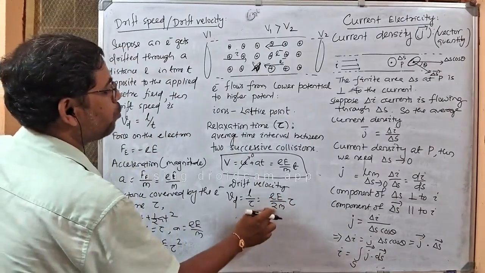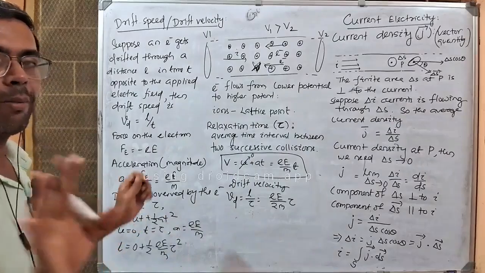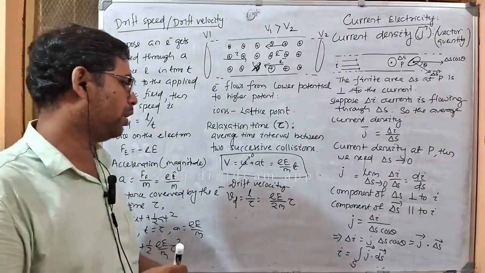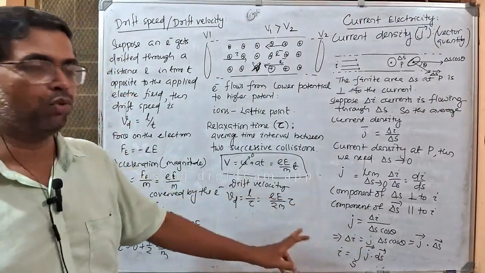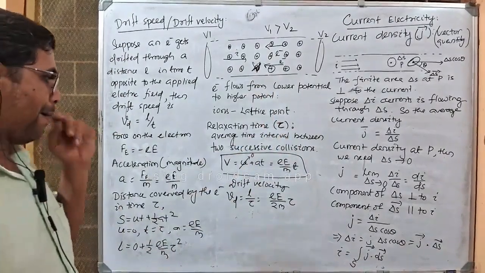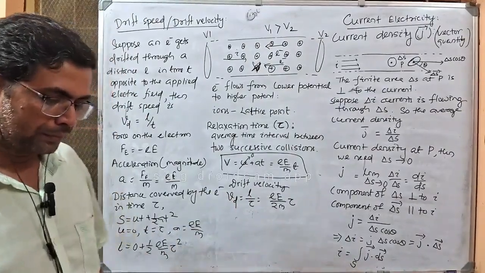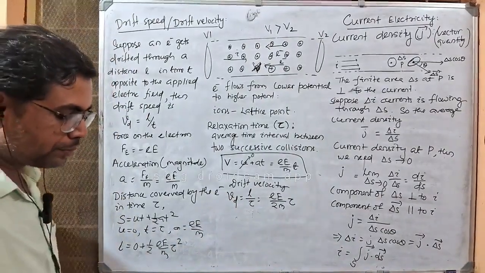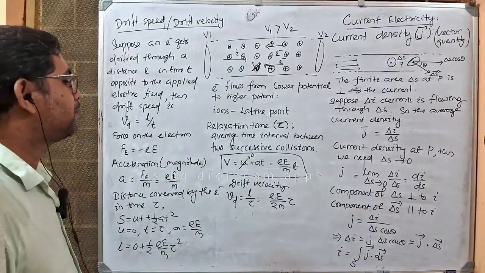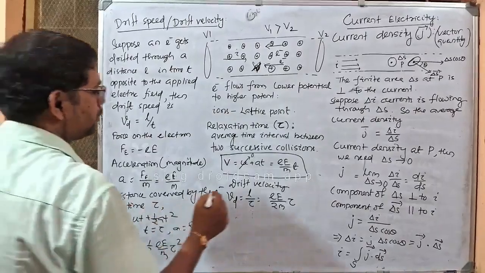There is only a 2 in the denominator compared to this. It will not matter much. Every other variable is as it is, only there is a half difference. This is my drift velocity.